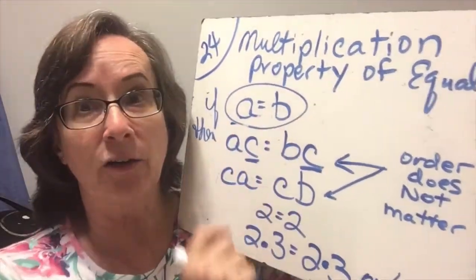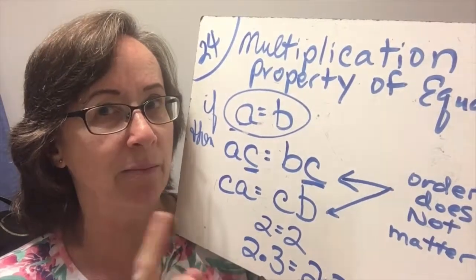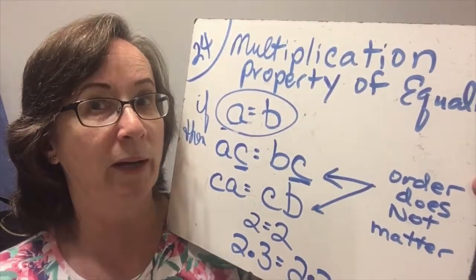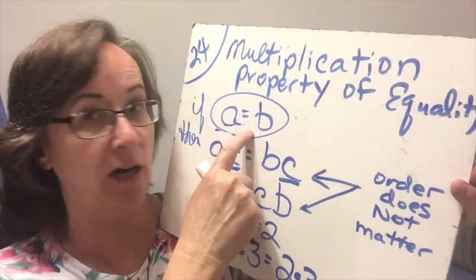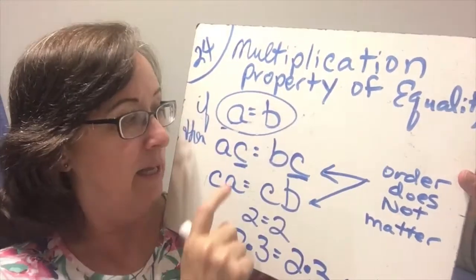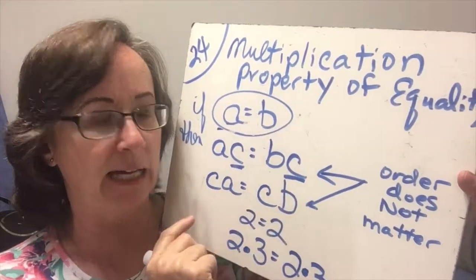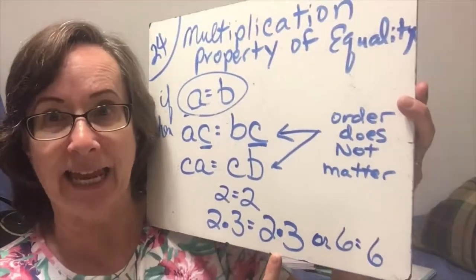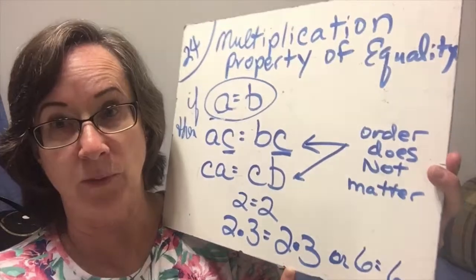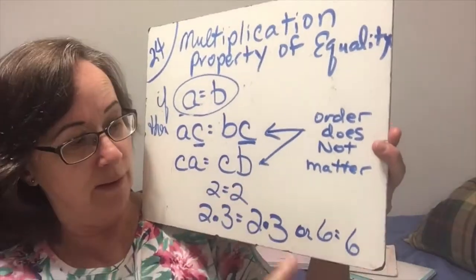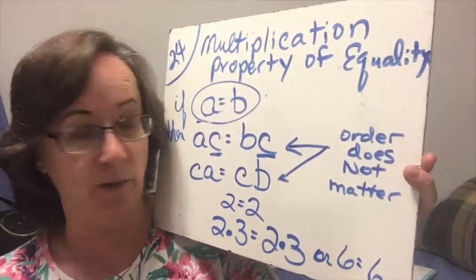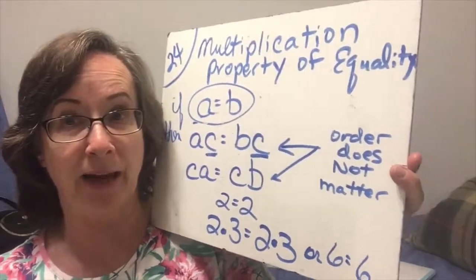So in an equation, if we do the same thing to each side, we should come up with an equivalent statement again. So we start with two sides equivalent. We do the same thing to both sides. We wind up with the same equivalent situation. Okay, 2 equals 2 is true. 6 equals 6 is true. I just multiplied both sides by 3.